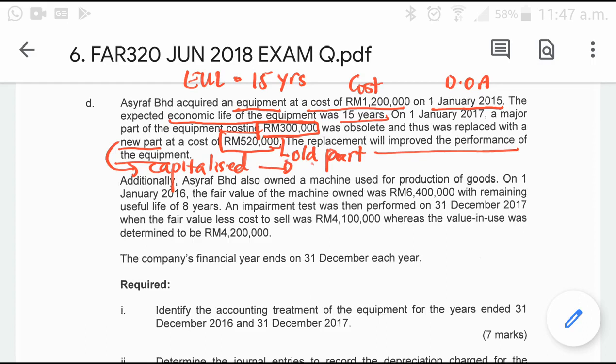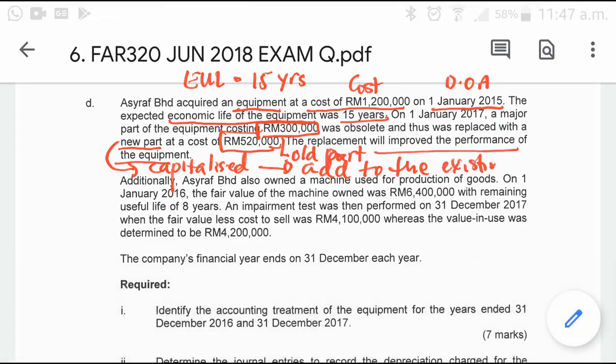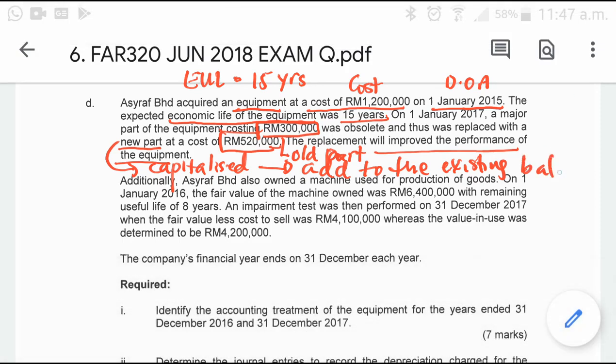Capitalized means that you need to go and add to the existing carrying amount or the existing balance.